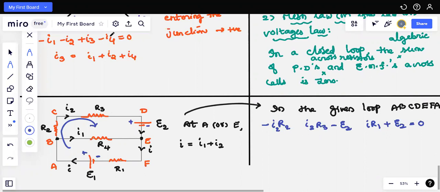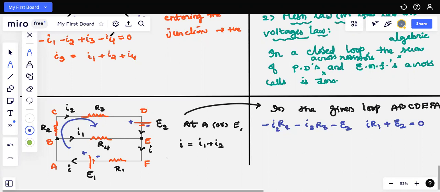If you measure the potential difference in the opposite direction to the current flow, take it as positive. Once again, I am repeating. In the direction of current flow, if you measure the PD, take it as negative, that is, higher potential to lower potential, loss of potential.